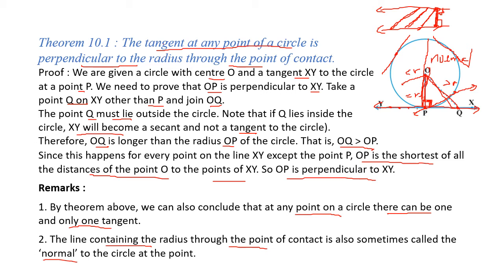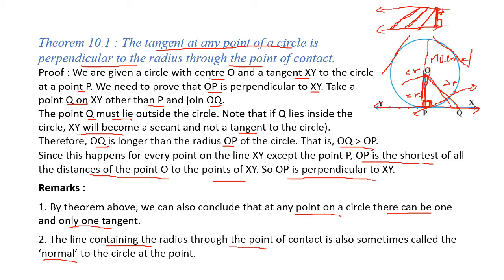It is a line which touches the circle at one and only one point. What is a secant? A secant is a line which intersects the circle in two different points. What is a normal? A normal is a line perpendicular to the tangent passing through the center. Or it is perpendicular at the point of contact.